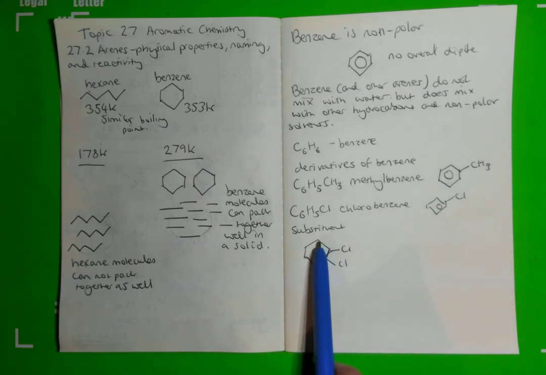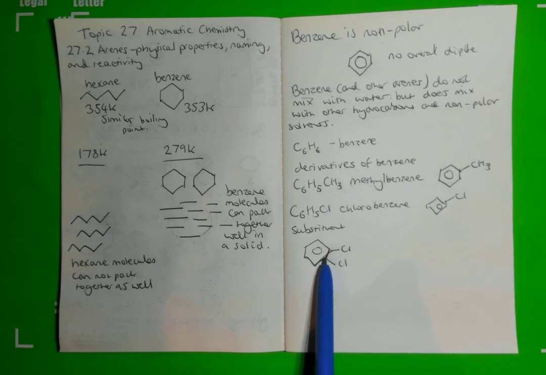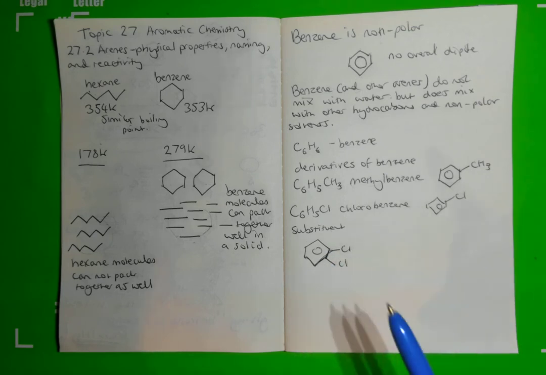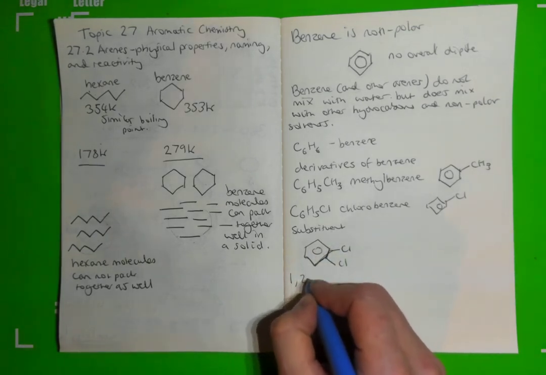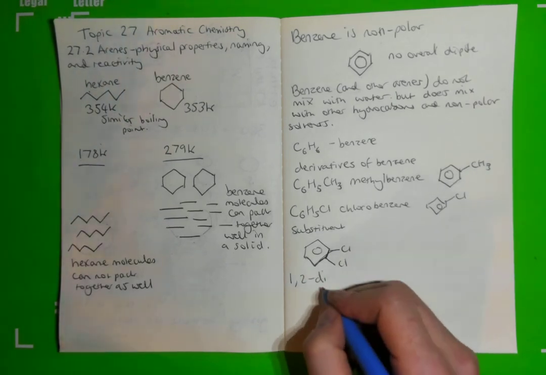So this is not carbon number 1, because that would make that 2 and that 3. We need to give these groups here the lowest possible numbers. So we number from here or from here. It doesn't matter. This is carbon number 1 and this is carbon number 2. So the name is 1,2-di, because there are 2 chlorines, chlorobenzene.